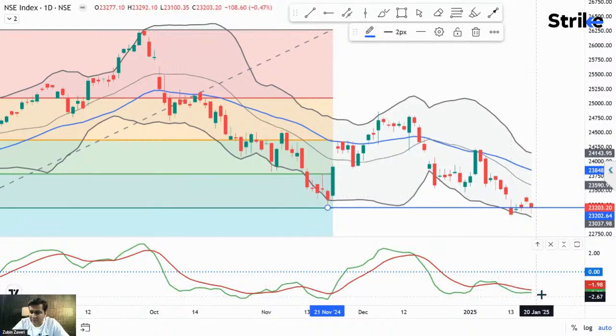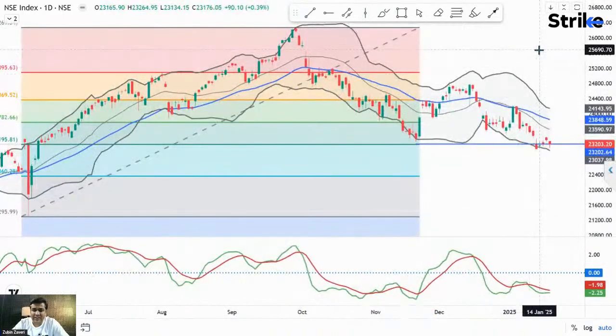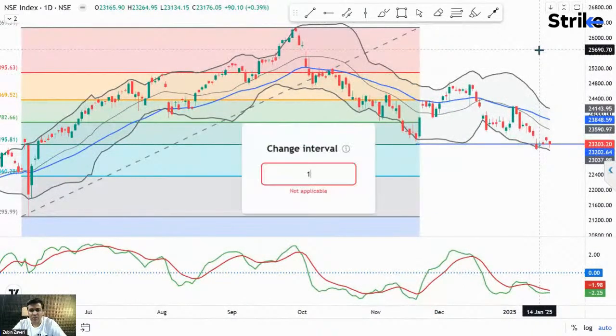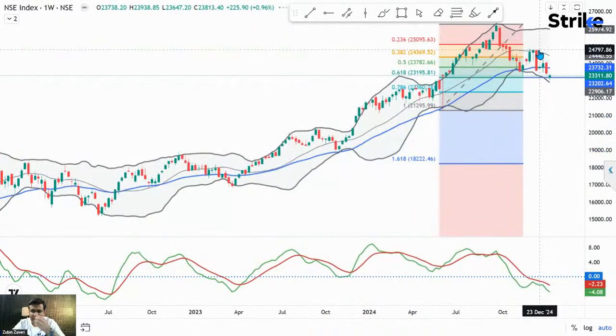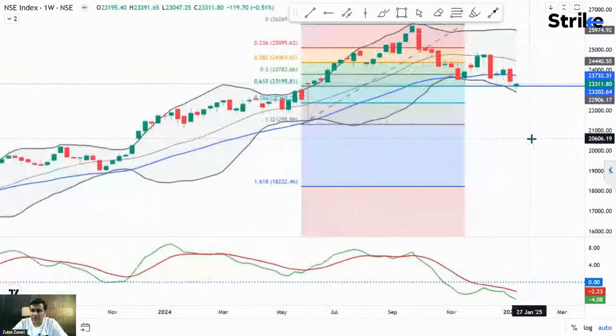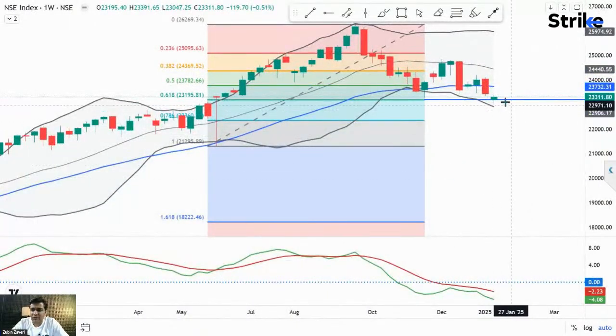The momentum indicator has gone flat, so it's not indicating much right now on this daily chart. If you look at the weekly time frame chart, today Nifty has given a green candle near the lower Bollinger Band. Momentum indicator is still in a bearish mode, and Nifty is trading below the 40 EMA of the weekly chart.